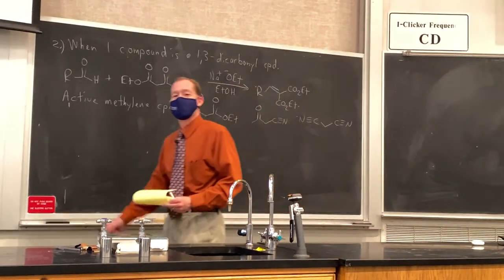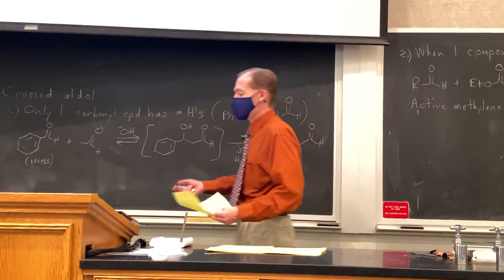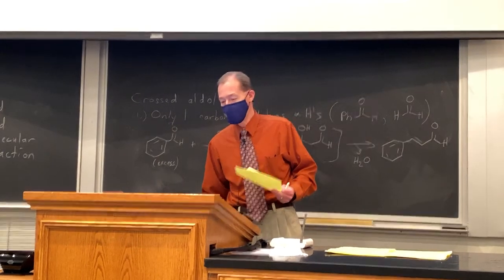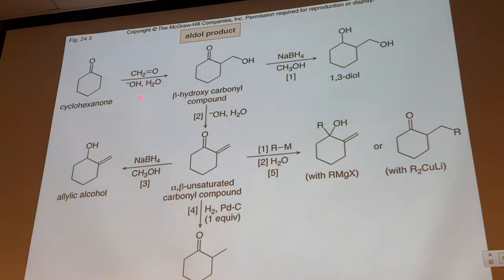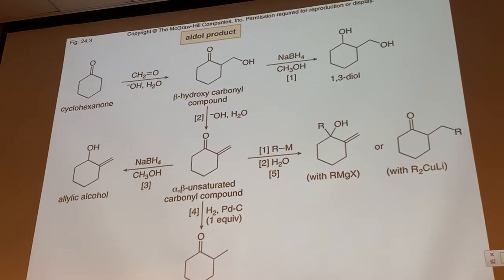So crossed aldol reactions are very useful because there's lots of different types of products that we can convert them into. We see here a crossed aldol with formaldehyde, one of our carbonyl compounds with no alpha hydrogen, so we would get this product.